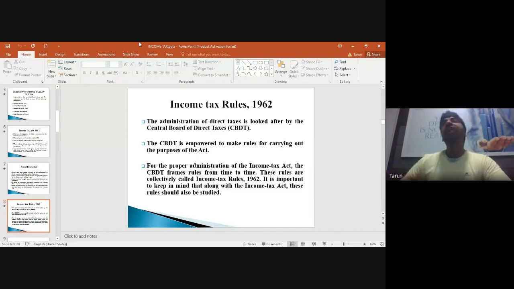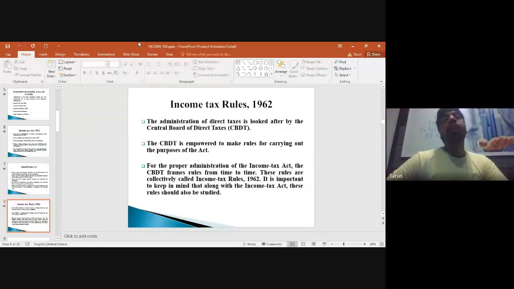Every year the rules are amended. Every year the rules relating to taxes, whether direct or indirect, are re-amended when it comes to the bills.